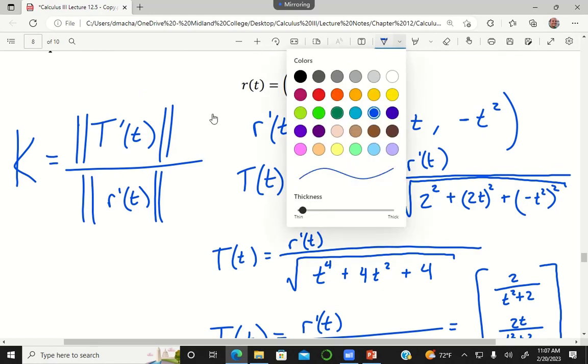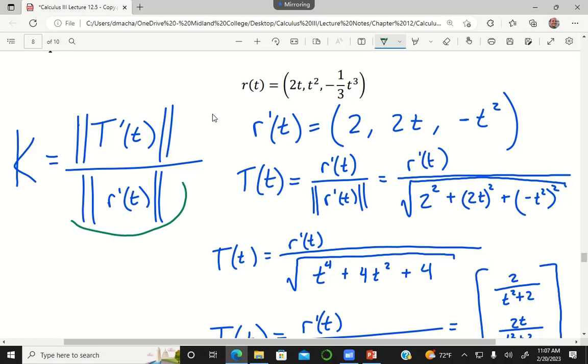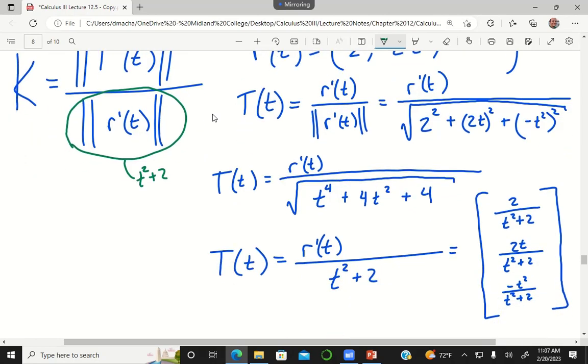So one thing I know is that this r prime of t norm is something I already took. This was just t squared plus 2. So I know the denominator of my curvature. So over here I can write k equals the norm of T prime of t divided by t squared plus 2.